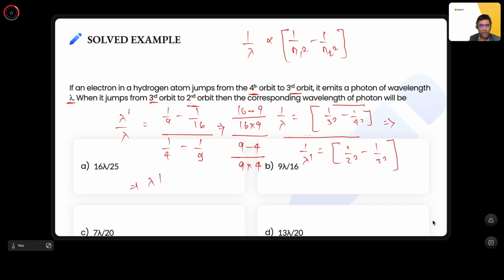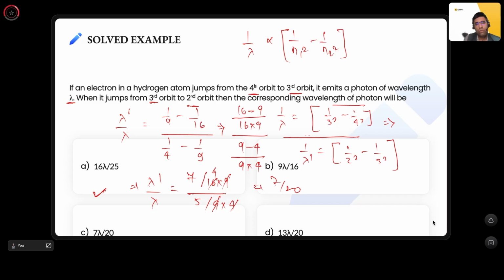So lambda dash upon lambda will become 7 upon 16 into 9 upon 5 upon 9 into 4. 9 and 9 get cancelled and this becomes 4 times, so it becomes 7 upon 20. So our answer will be 7 lambda upon 20.